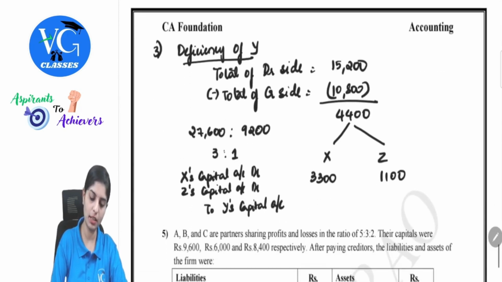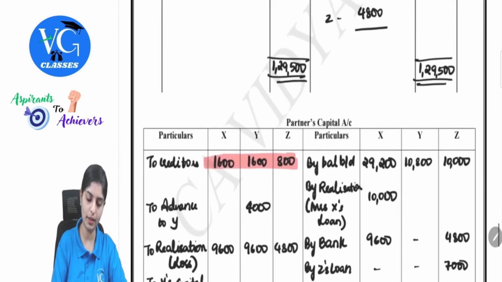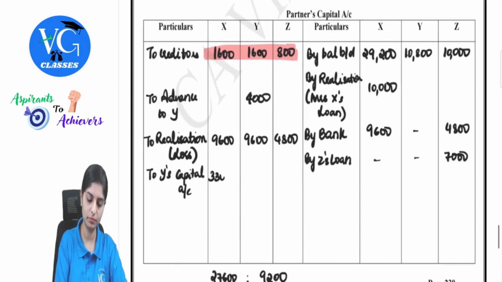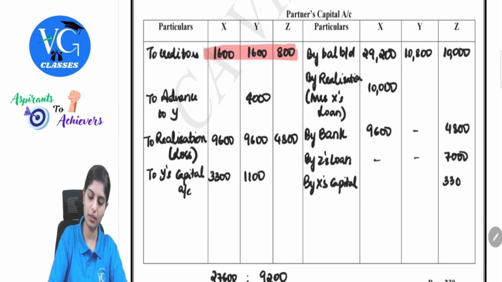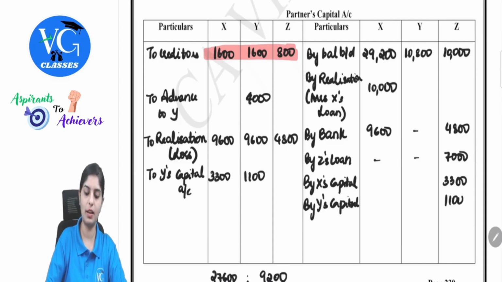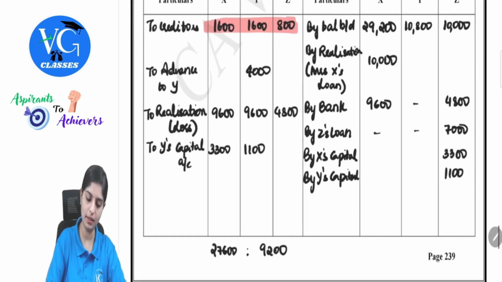So this will be 3,300 and 1,100. By X capital 3,300, by Z's capital 1,100. So all treatments done.